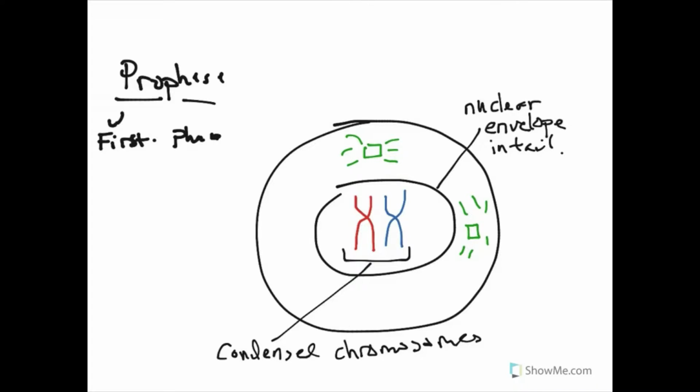So you're going to see what is basically called the mitotic spindle really starting to form up. So this is what we're actually starting to see: the mitotic spindle is forming. And so basically your centrosome pairs are separating.